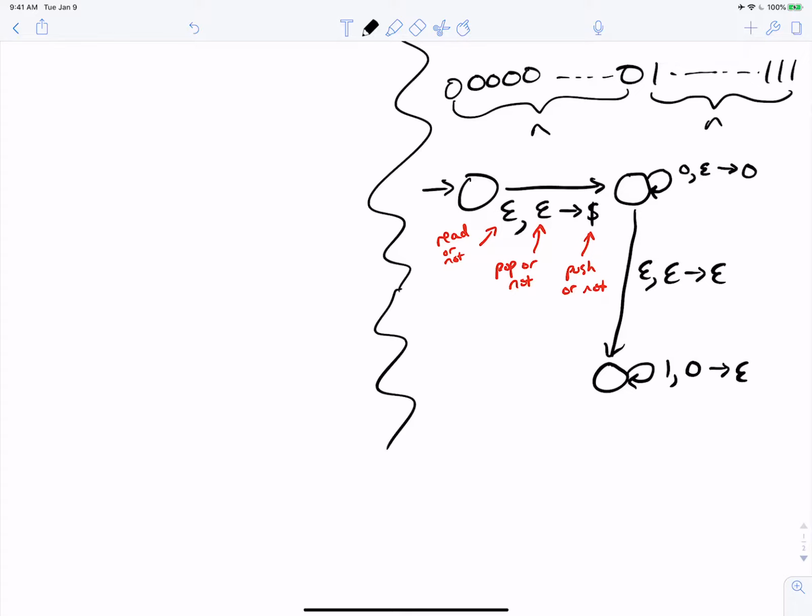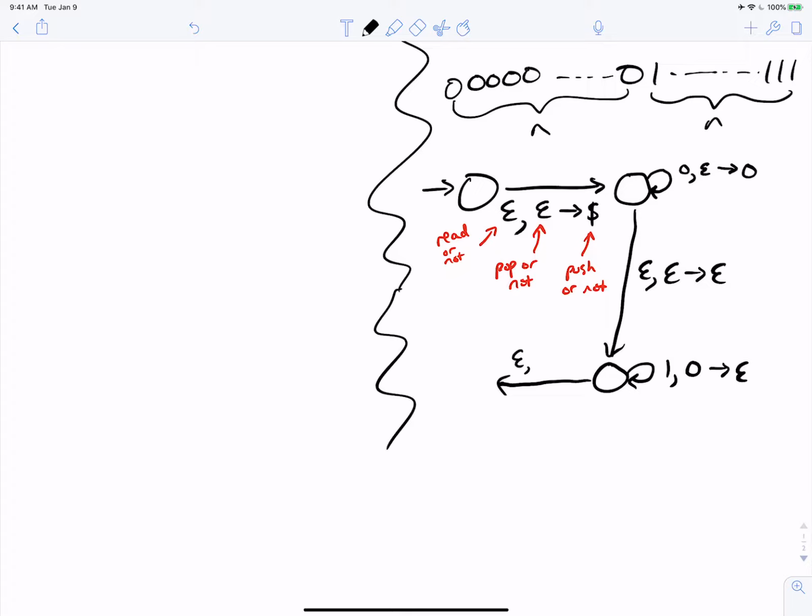So we put all the zeros on the stack, and we match the ones with the zeros on the stack. What hopefully should remain on the bottom? The dollar sign, if everything matches up correctly. So that means we need to go to another state where we're checking what the bottom of the stack is. Here, we're not going to read anything, because the reading was responsible for pushing the zeros on and then popping the zeros off with the ones.